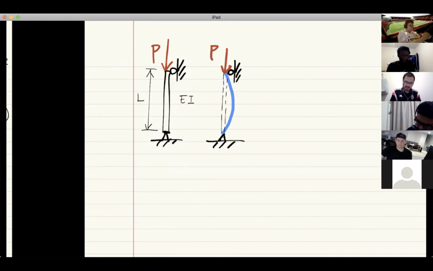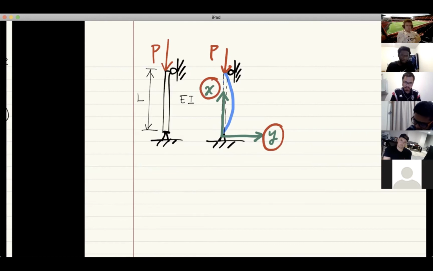Correct? This is a simply supported beam, correct? And we did this one before. And in that example, this is how we define our x and y's. We define our x this way. This is our x, and this is our y. So in this case, look at the positive definition.